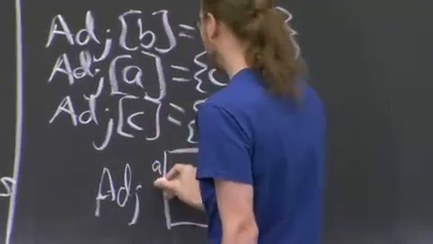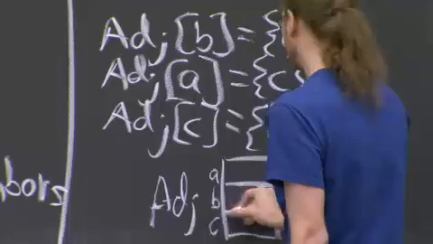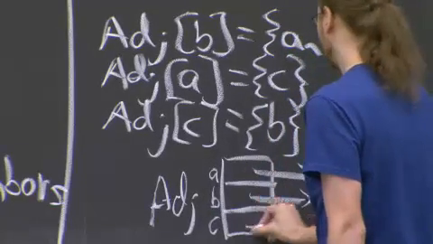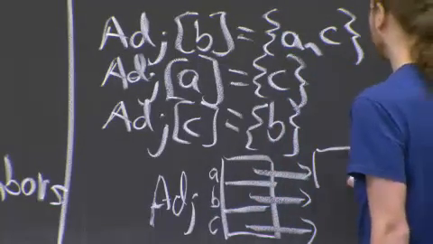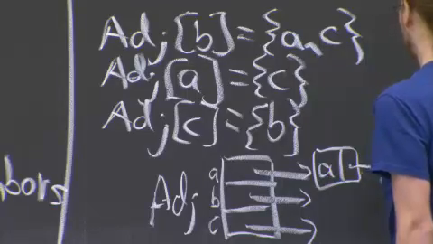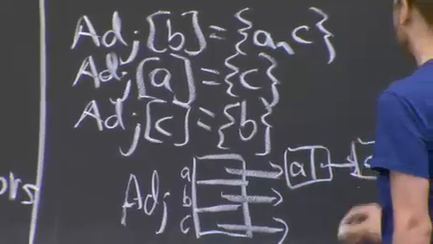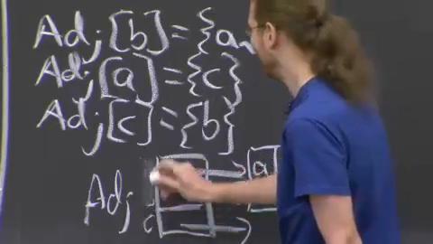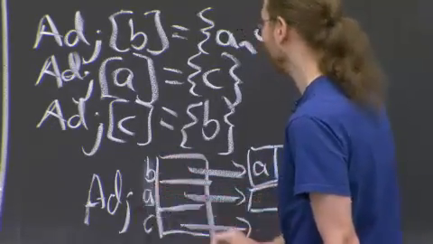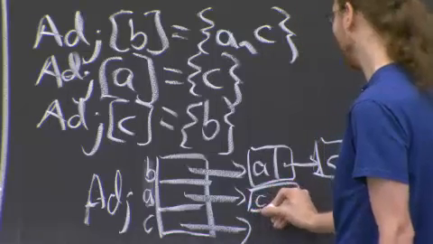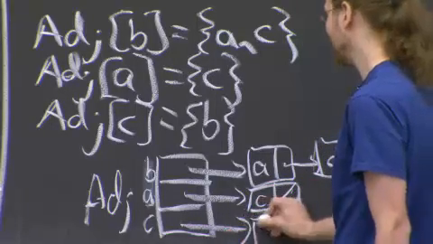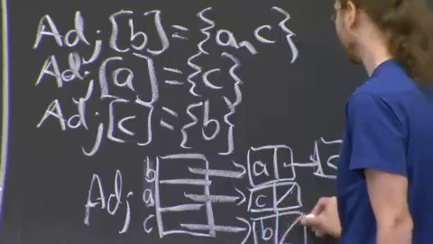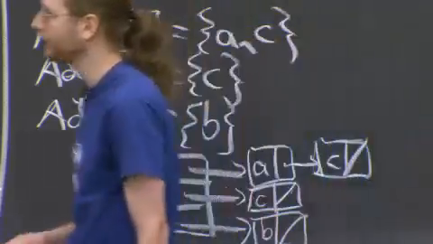So you've got A, B, and C. Each one of them is a pointer to a linked list. This one's actually going to be B. Who said it had to be alphabetical order? A is a pointer to C. C is a pointer to B. OK, that's explicitly how you might represent it.